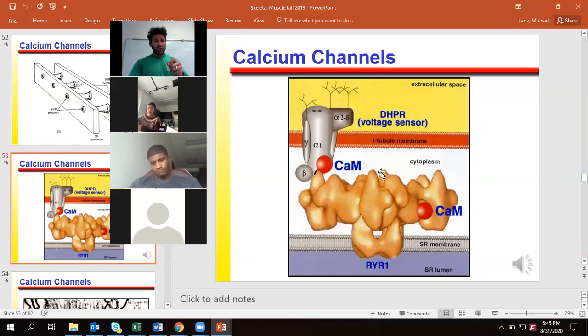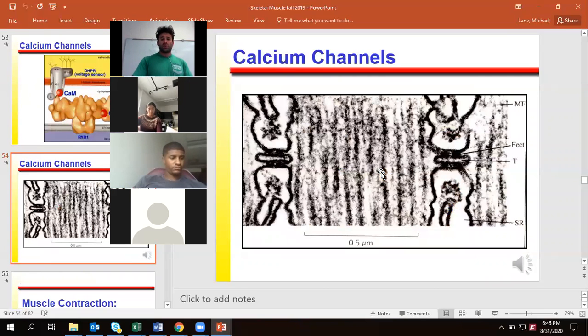So when it senses that voltage change, it's going to cause, thanks to the calmodulin, the modifications and movement of the ryanodine receptor, and then getting that signal to proliferate into the sarcoplasmic reticulum. So you can see here an actual picture from an electron scanning microscope, where you can literally see the feet and the T-tubules themselves into that SR.